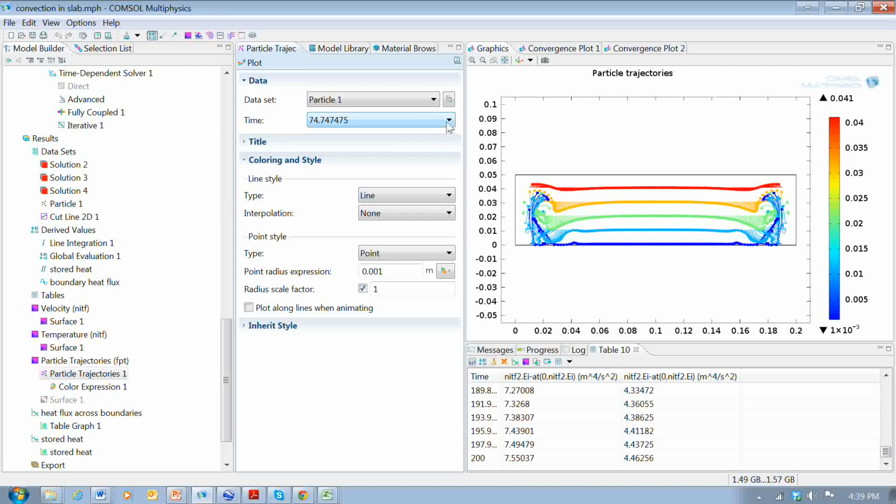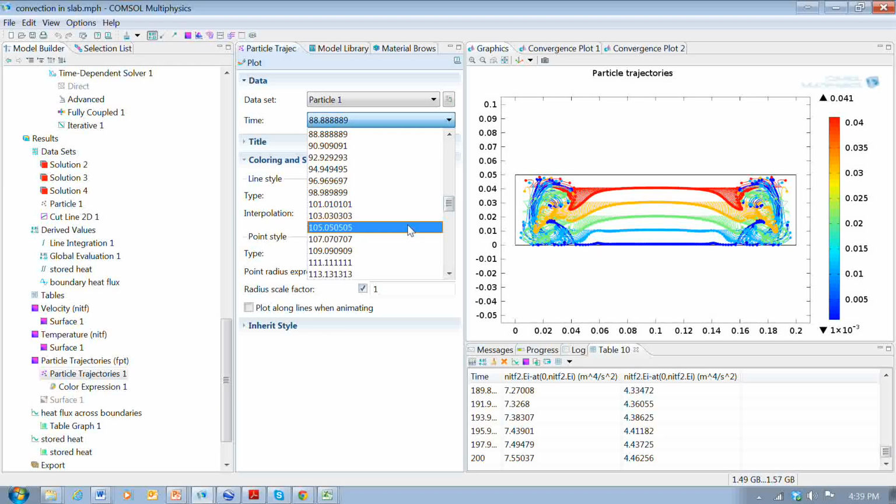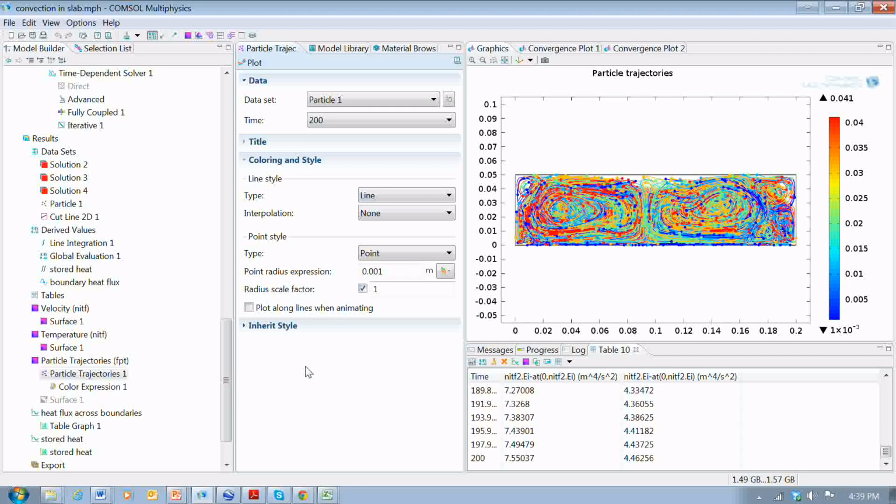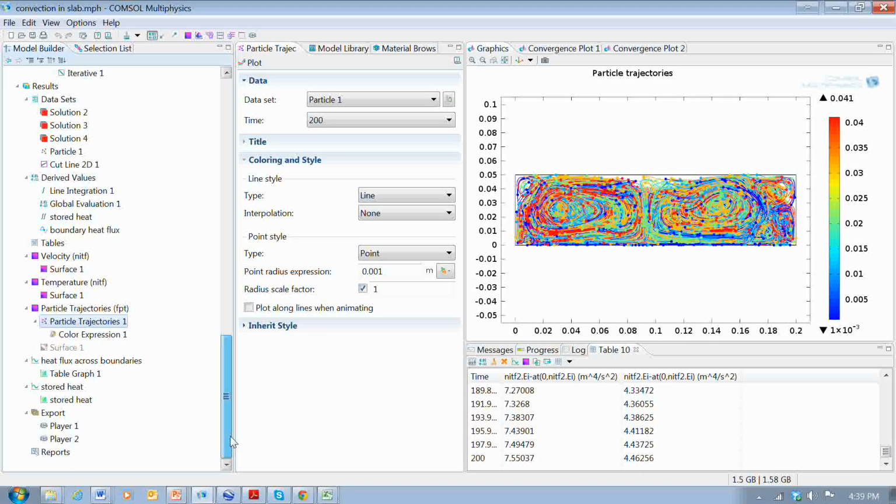Here you can see it traces out the path, and it gives you a little better sense of how the particles are moving. But in here where we really have a good bit of motion, the flow paths are getting pretty complicated. Okay, and so then if we run this all the way out, we can see that indeed we have a pretty well mixed system by 200 seconds.